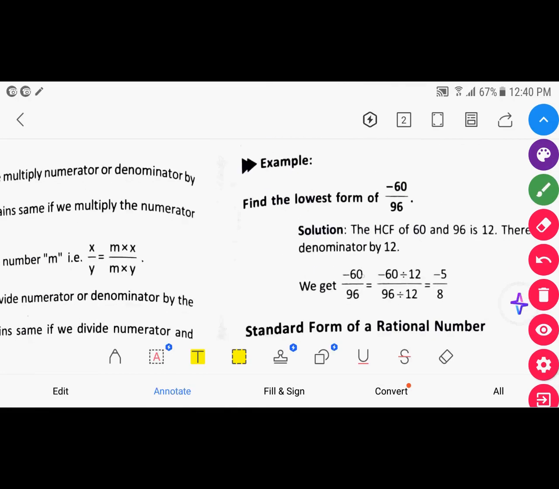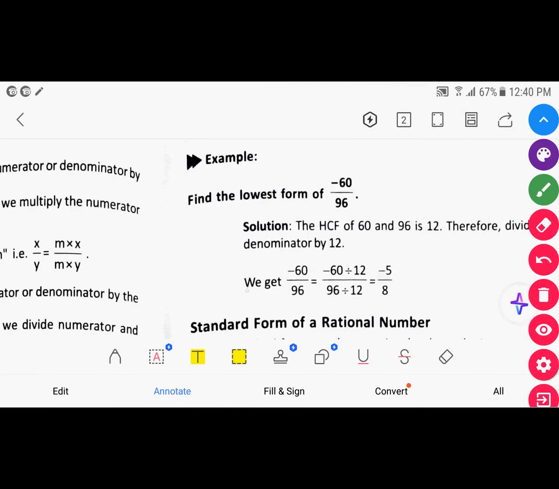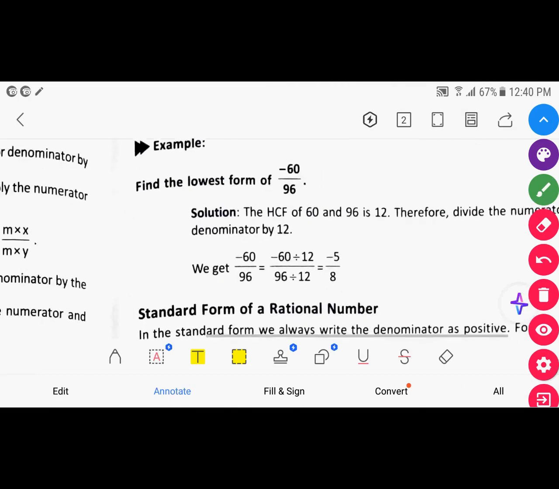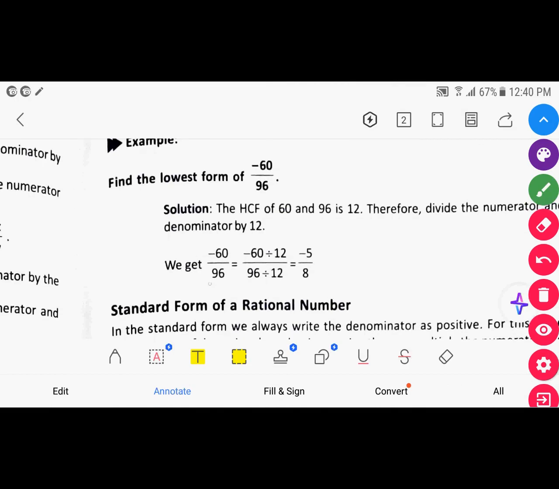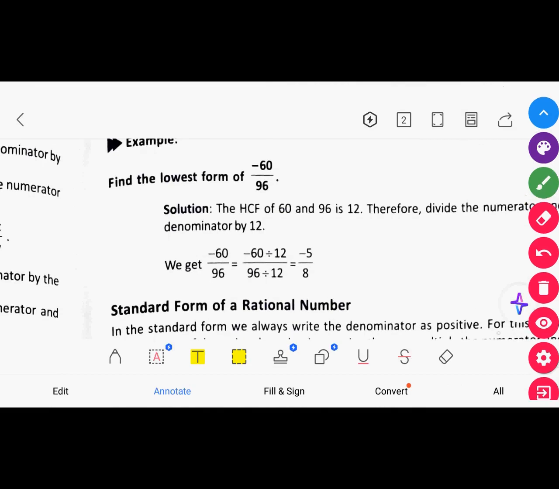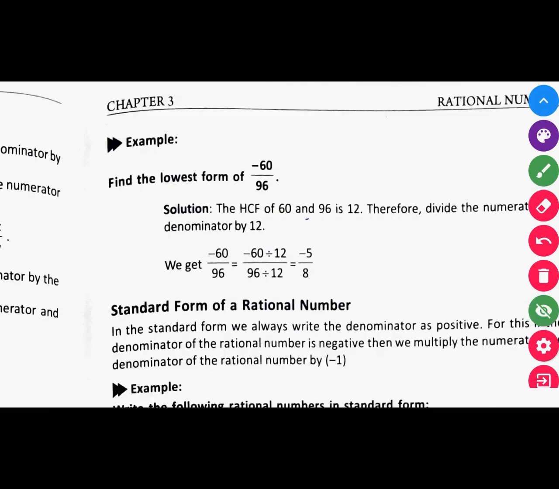See, minus 60 upon 96 is one of the rational numbers, and the highest common factor of both of them is 12, because 60 is also in the table of 12 and 96 is also in the table of 12. So if we divide the numerator and denominator by 12, we get the new rational number, minus 5 by 8, which is the lowest form.